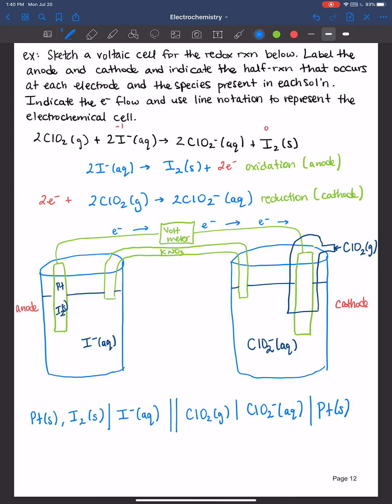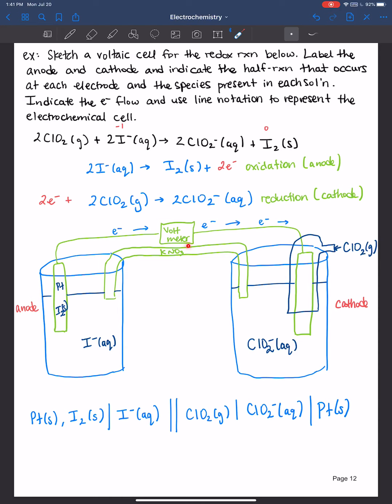And so this shows you an example of investigating a redox reaction and designing a voltaic cell based on your knowledge of identifying what is being oxidized, what's being reduced, and with an understanding that oxidation occurs at the anode, reduction occurs at the cathode. And so make sure you feel comfortable designing a voltaic cell, drawing it out yourself.